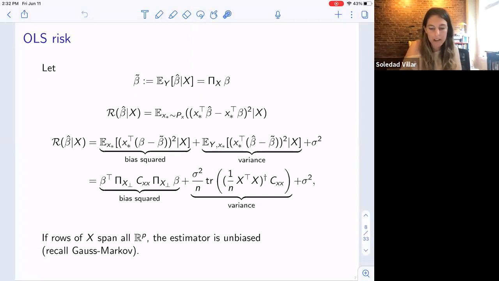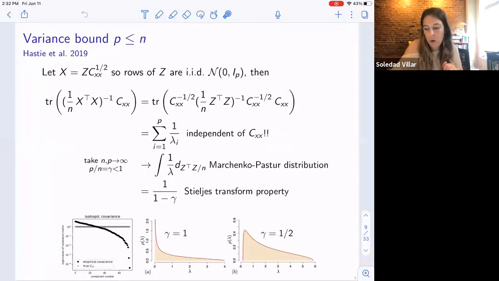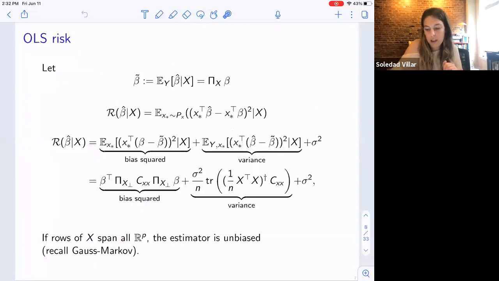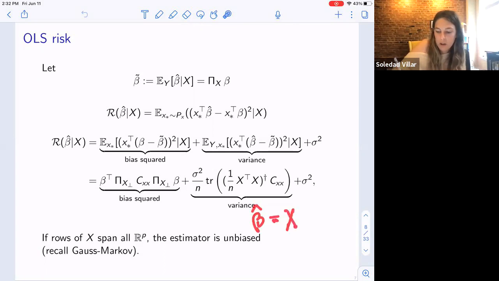For ordinary least squares, you can write it explicitly because you know the form of the estimator. I'm using that the estimator beta hat is equal to the pseudo inverse of x times y, and this is what shows up in the computation.